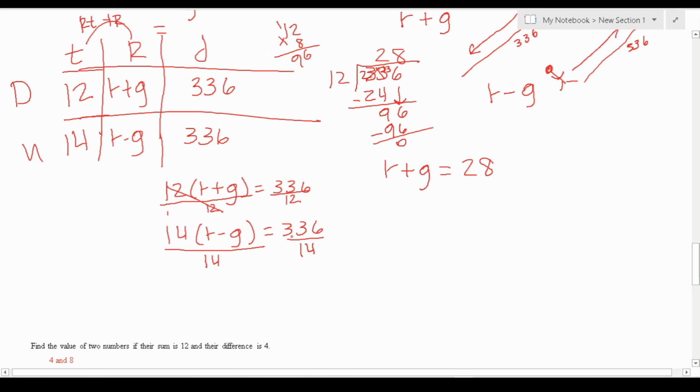Let's go ahead and try to do the same thing for 14. 336 divided by 14. 14 times 2 is 28. 14 times 3 is going to be 42.